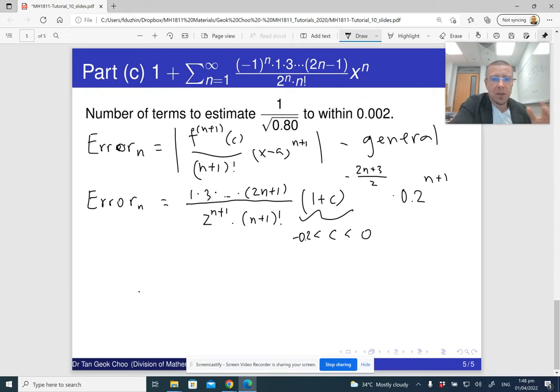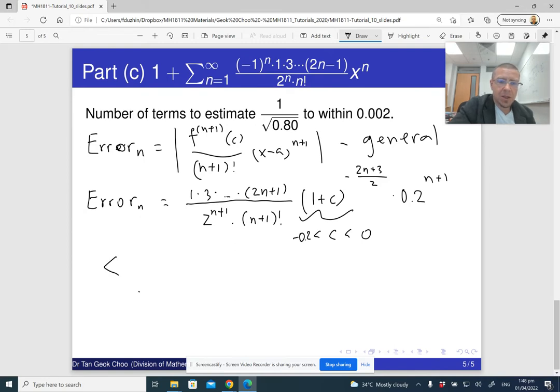And as I already said in part B, this expression 1 plus c raised to a negative power, as a function of c, is a decreasing function. So it is the largest when c is the smallest, which means when c is negative 0.2.